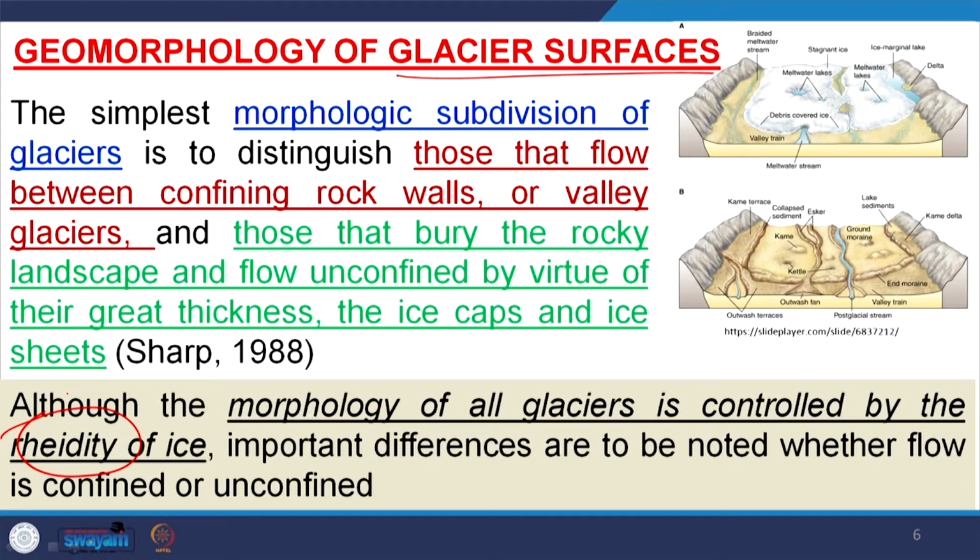However, whether it is a confined or an unconfined system defines what type of topography will appear on the glacier surface. Either it is elongated or radial, sheet-like, moving in a zigzag pattern or moving smoothly, and at what speed or velocity it is moving. All that depends upon the heredity of the system.